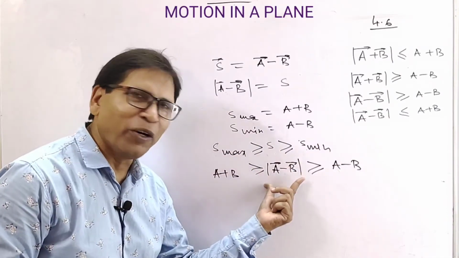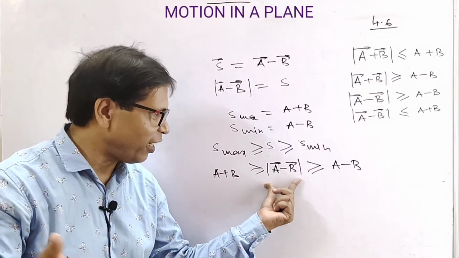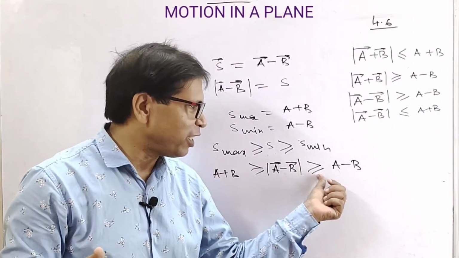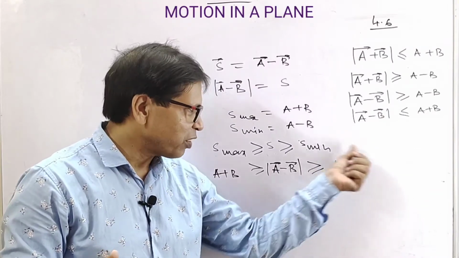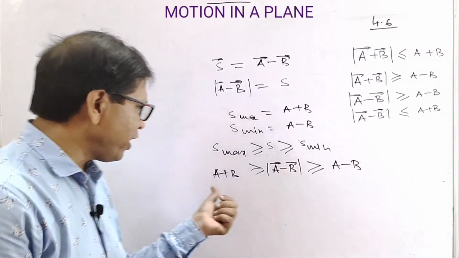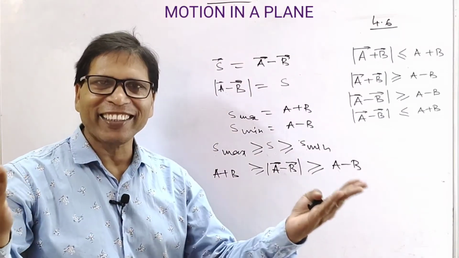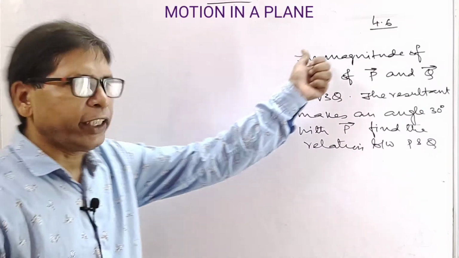Now S equals modulus of A vector minus B vector. So look at this and this. When theta equals 0 degree, this equals this, and when theta equals 180 degree, this equals this. Okay, understood? Now next numerical.